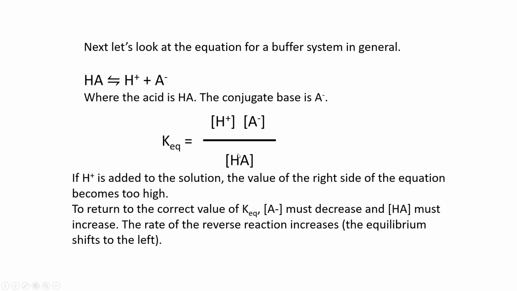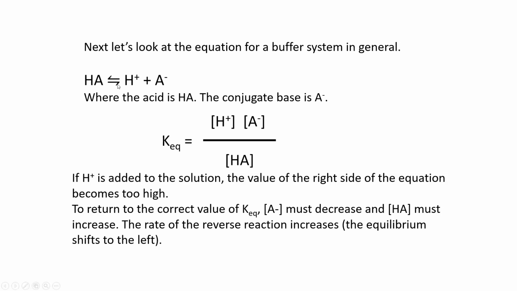So we can plug these in: KEQ equals H plus concentration multiplied by the A minus concentration divided by the concentration of the acid, which is HA. If H plus is added to the solution, then the value on the right side of the equation becomes too high. And so to correct the value, the A minus must decrease and HA must increase. The rate of the reverse reaction increases, and then the equilibrium shifts to the left.